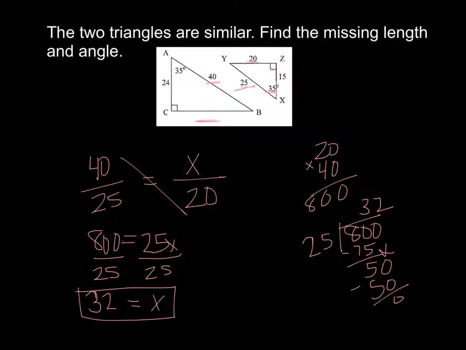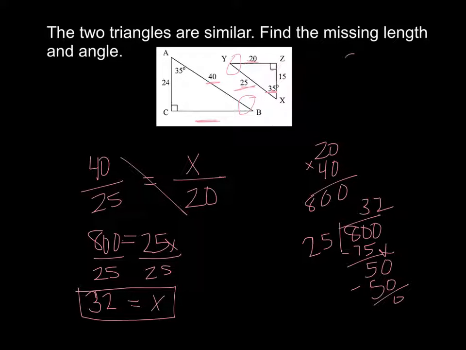Now there's no easy multiplier to figure that out like the last one. So this one's a little bit trickier. Now to find our missing angle. Now we have the same missing angle on both of our triangles, but we can figure it out because we know that the inner angles of a triangle are going to add up to 180 degrees.